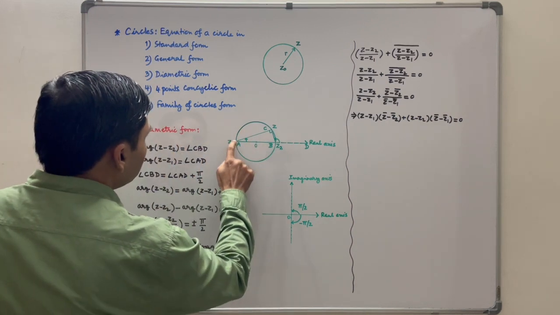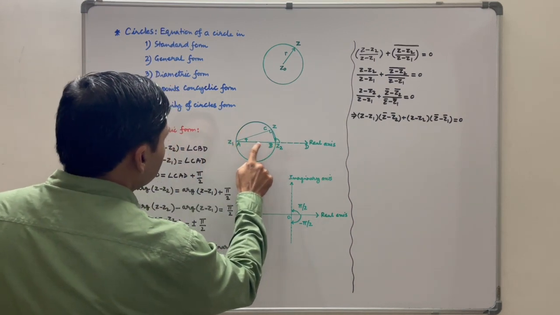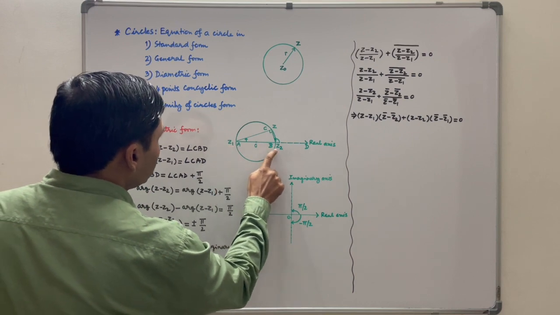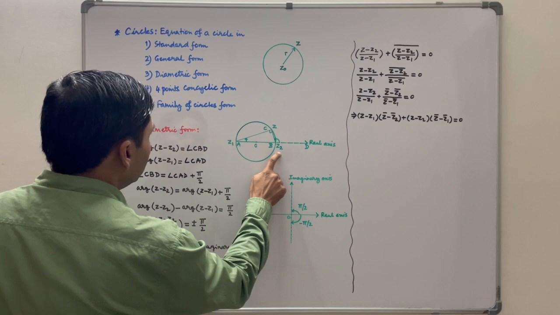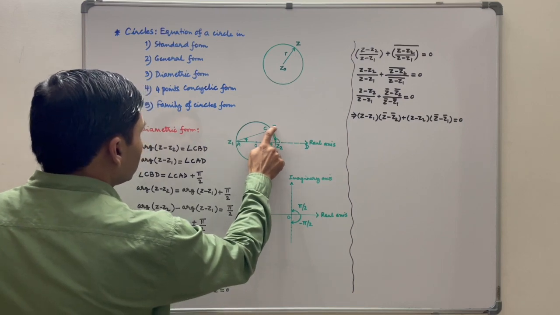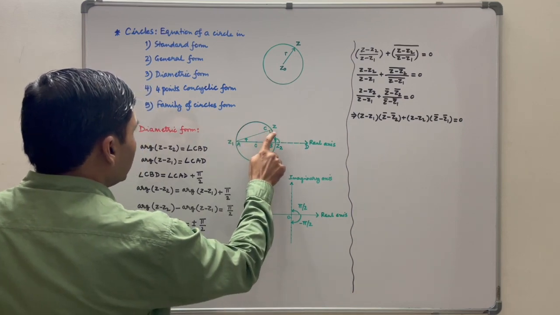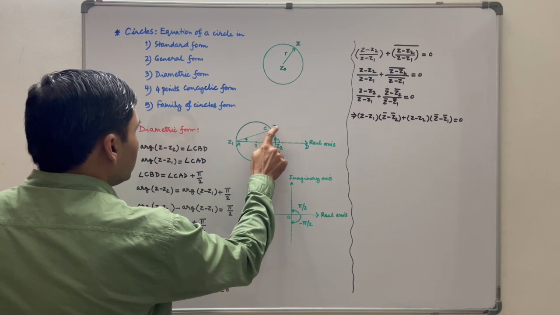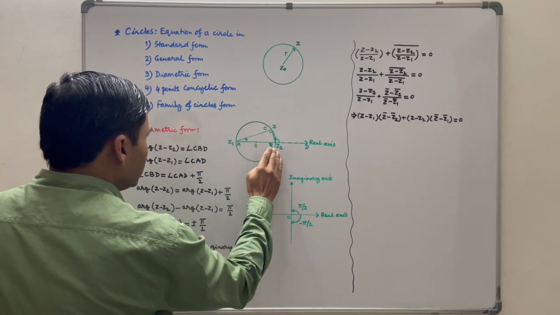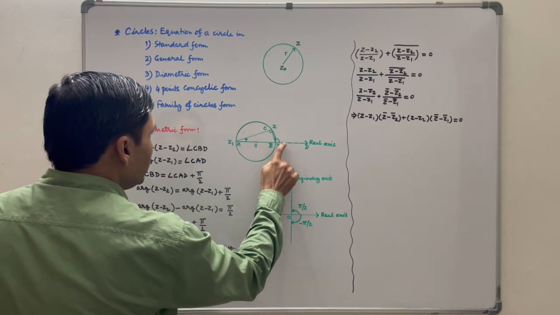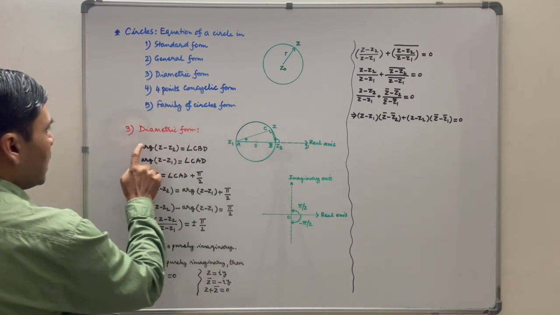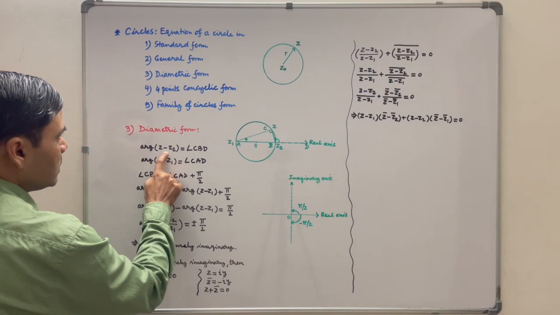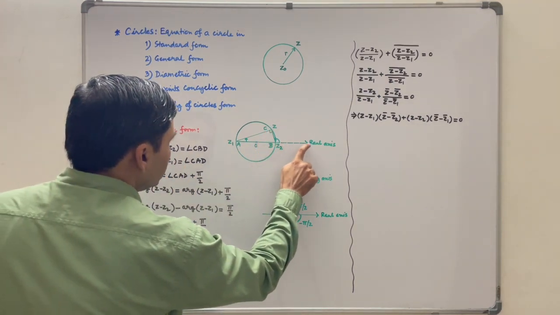Consider a circle with a diameter AB. Its endpoints A and B are represented by complex numbers Z1 and Z2. Z is a general point on the circumference. Then argument of Z minus Z2 is equal to angle CBD. Suppose this is the positive real axis. Then argument of Z minus Z2 is equal to angle CBD.